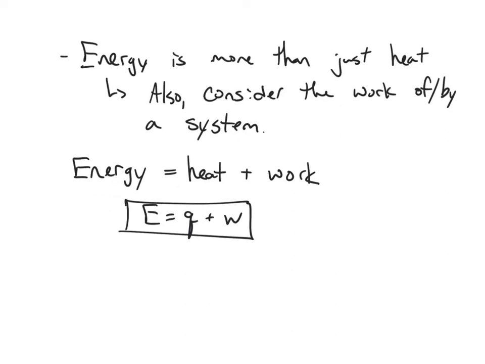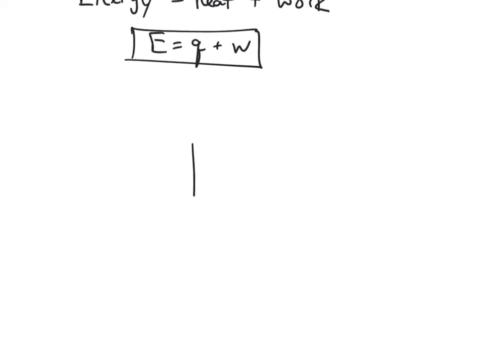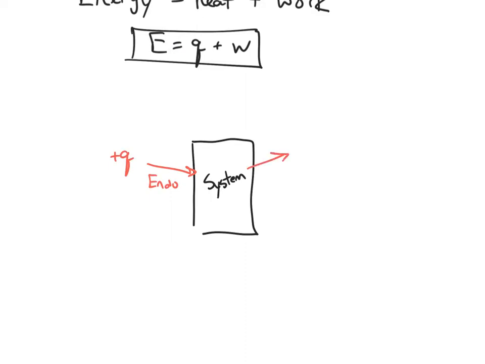Consider this drawing. If I sketch out just a cylinder, an abstract object, and I label this the system, and of course, everything outside the system is the surroundings. Now, if I put heat into the system, that is an endothermic situation. And if the system releases heat to the surroundings, then that is considered exothermic.